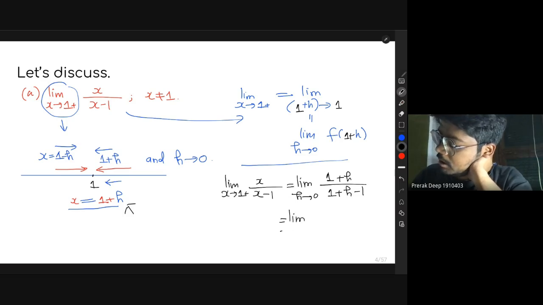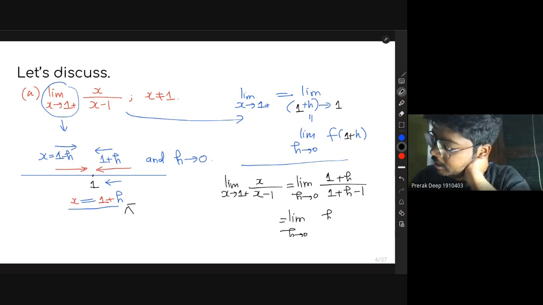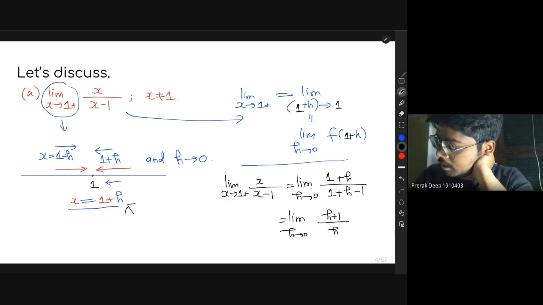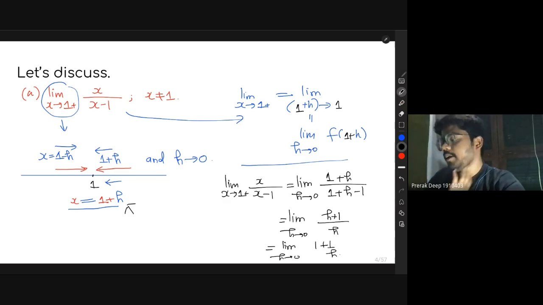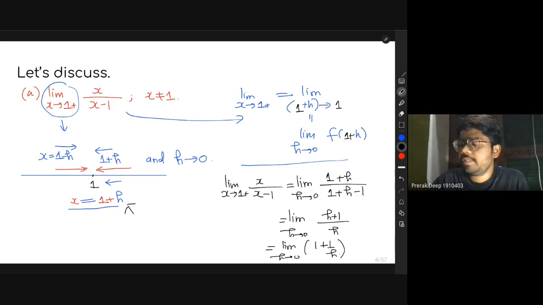Okay, so if you do the calculation, it turns out to be (h plus 1) by h, which is nothing but 1 plus 1 over h. Again, if the limit of both of the functions exists, then you can write it as the sum of the limits.